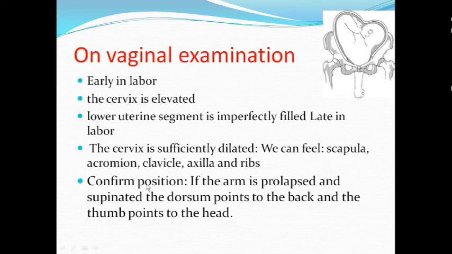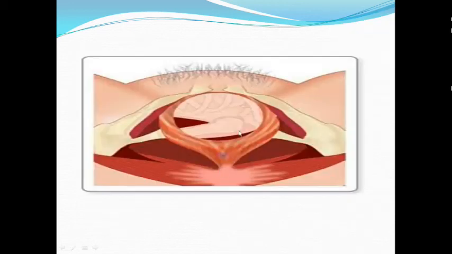How do you confirm the position? If the arm is prolapsed and supinated, as I have told you, on doing vaginal examination, if the cervix is fully dilated and the membrane is absent, then you feel the scapula, acromion, clavicle, axilla and ribs like this. In this position you will see the acromion, this is the ribs, this is the clavicle, and this is the scapula, you can feel it.